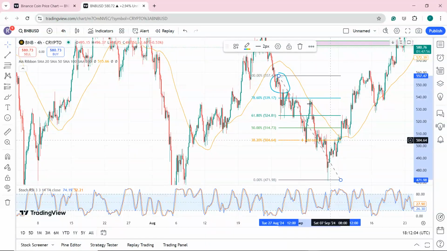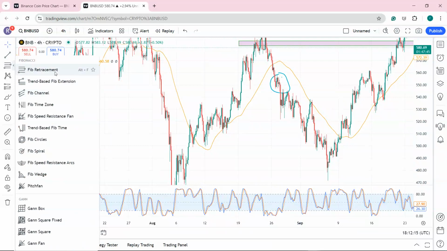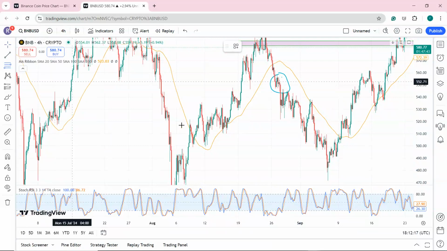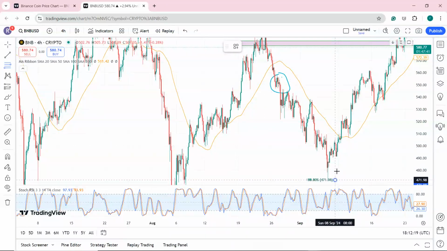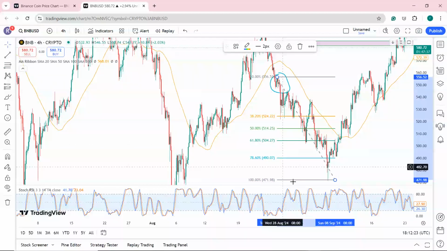I'm not used to fib retracement when I do my trades, so this thing is kind of a little bit confusing to me, but I don't really care. So I'm going to do it again, from this level to this level.